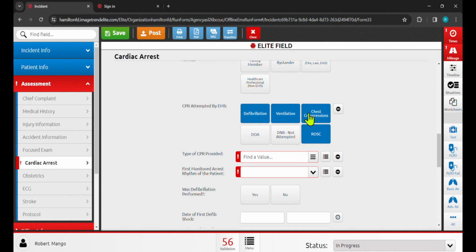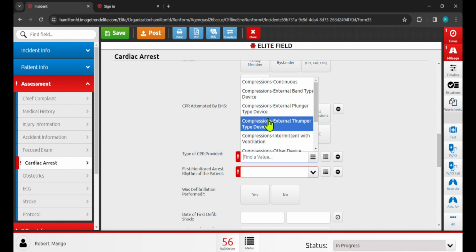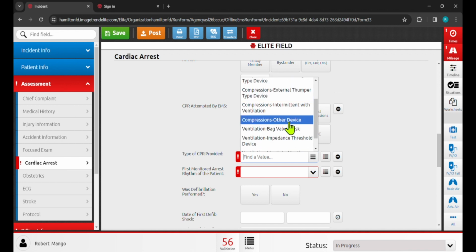We defibrillated them, we ventilated them, we chest compressed them, and we got ROSC. The type of CPR provided. Okay, so this is really where we need to pay attention to the details, and it is easy to lose the details. So, what did we do?